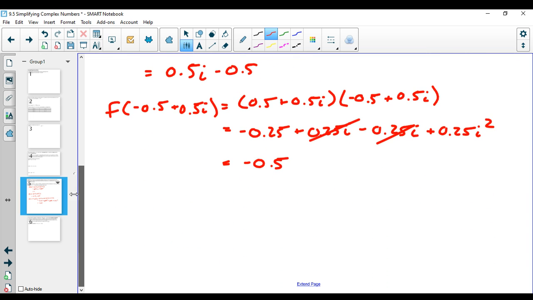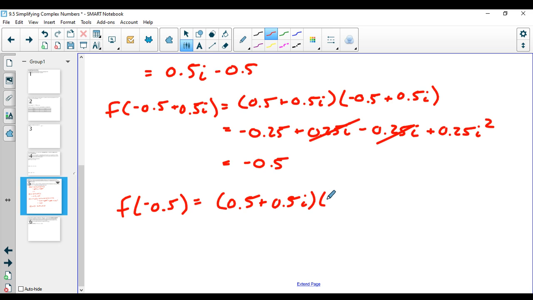And now we plug in, I know it's a little annoying, negative 0.5, and we get 0.5 plus 0.5i times negative 0.5, and we just keep going, right?